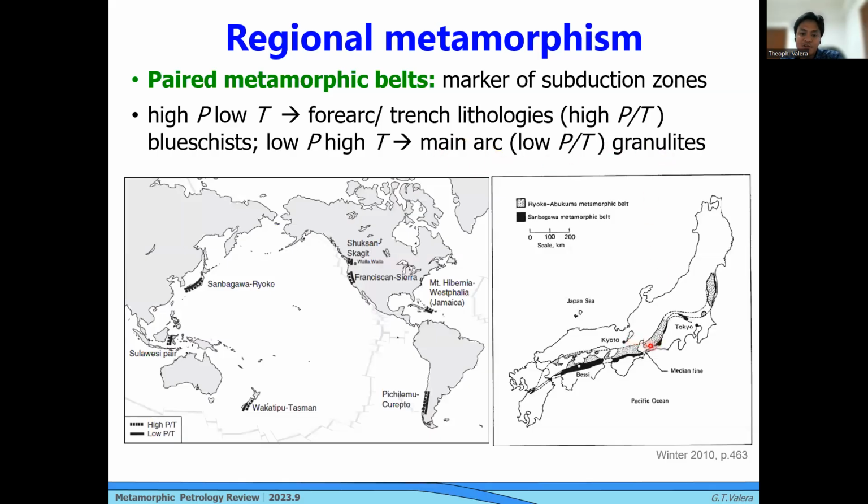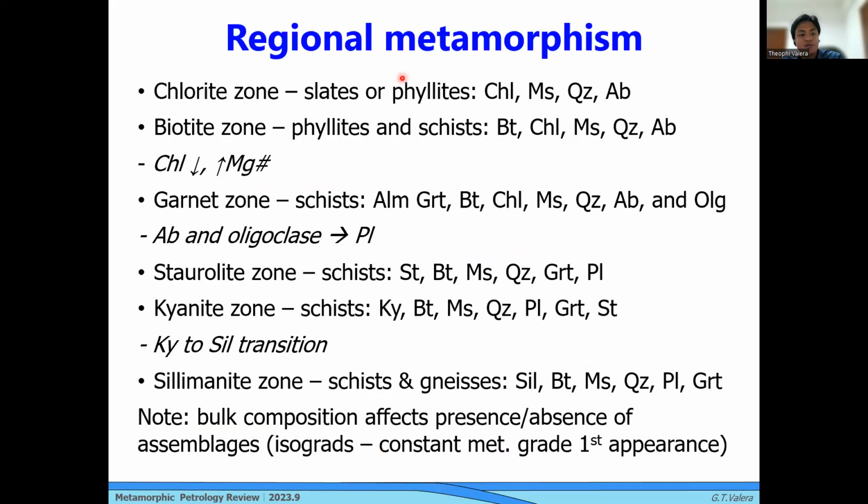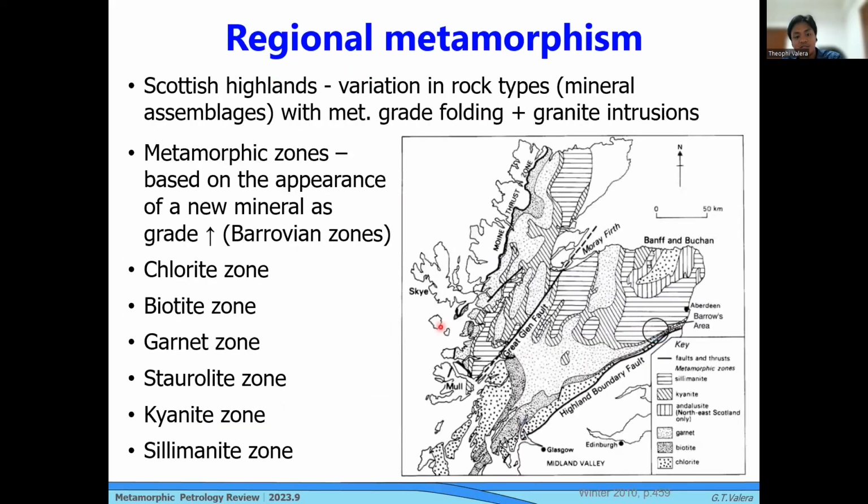So for example, this was first recognized by Miyashiro in Japan when he identified yung Sanbagawa metamorphic belt as the high P, low T rocks. They are composed mostly of blueschists and some eclogites. And then behind that is the Ryoke Abukuma metamorphic belt. You may also be familiar with this Ryoke Abukuma metamorphic belt because it's a good alternative for this Barrovian series.